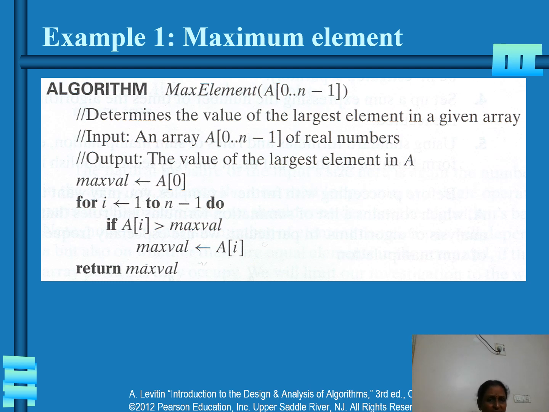So maxval equals A of 0, for i equal to 1 to n minus 1, if A of i is greater than maxval, then maxval equals A of i. Otherwise, the previous value remains the max value. You compare the maximum value with every element of the array until all the elements are compared. Finally, you return the maximum value.